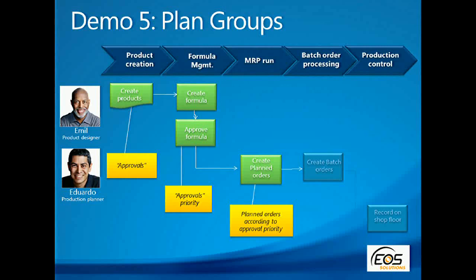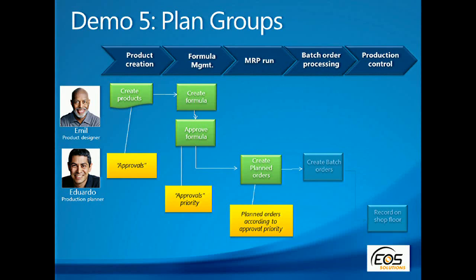Here we can see that the product designer creates components called approvals because they are approved by the customer. The customer is telling us the vendor, and then we create an approved formula, and in the formula we have the plan groups grouping the components with alternative vendors.